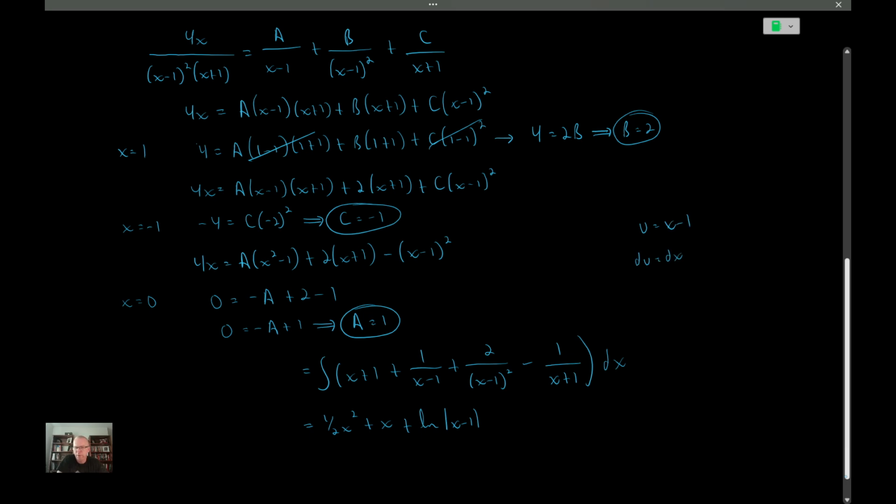But really, since this is just x, and the constant doesn't really matter as far as the integrating goes, this is a negative 2, so let's add 1, which gives us negative 1, so this will be 2 over x minus 1. And then minus ln|x plus 1| plus C.